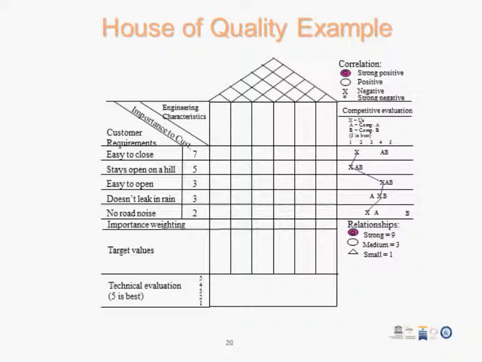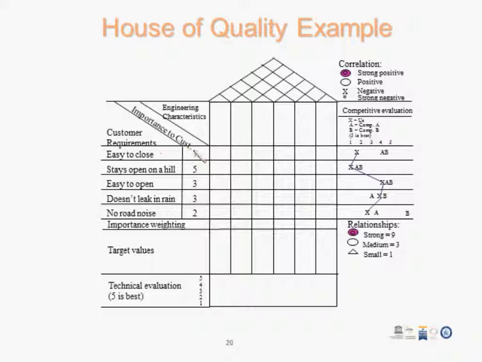For example, the first customer want is easy to use: easy to close, and stay up when they open the door on the hill, easy to open, and also doesn't leak in the rain, and no road noise, and so on.